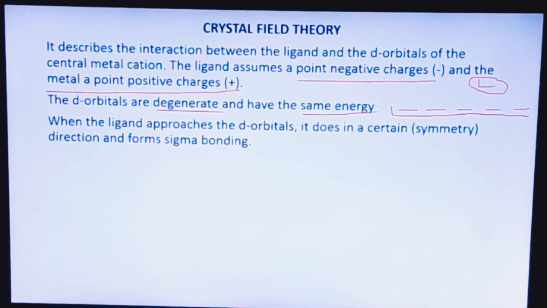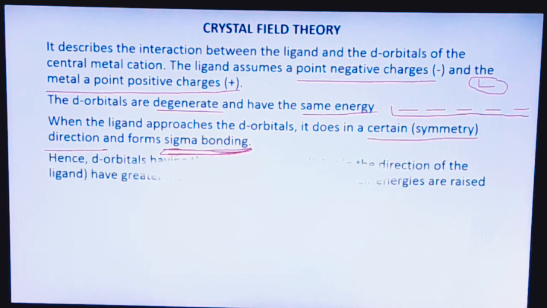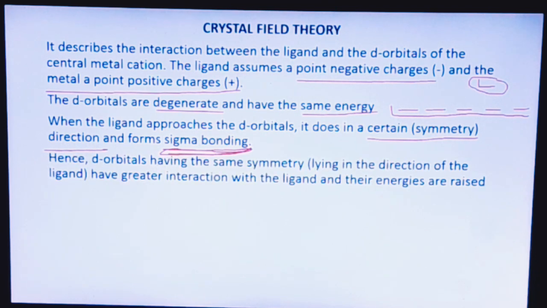And then as soon as the ligand approaches the d orbitals, it comes in a certain direction and therefore forms a sigma bond with the d orbitals of the metal. Therefore, the d orbitals of the metal which have the same symmetry as the ligand form a stronger interaction with the ligand.